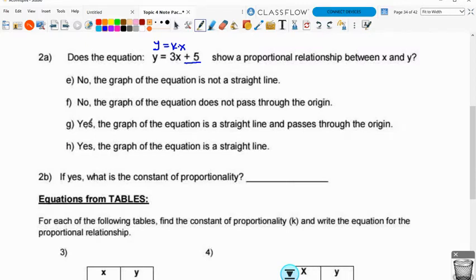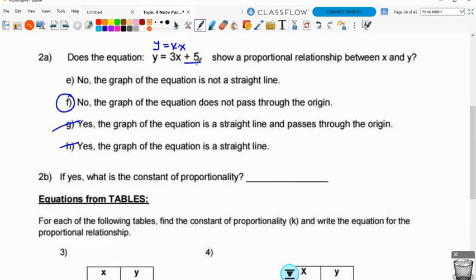So G and H both say yes, it will be. Those are gone. So it's got to be either E or F. E says the equation won't be a straight line, but F says the graph will not pass through the origin. And that is the true statement here. This graph will not pass through the origin because of this plus 5 right here.